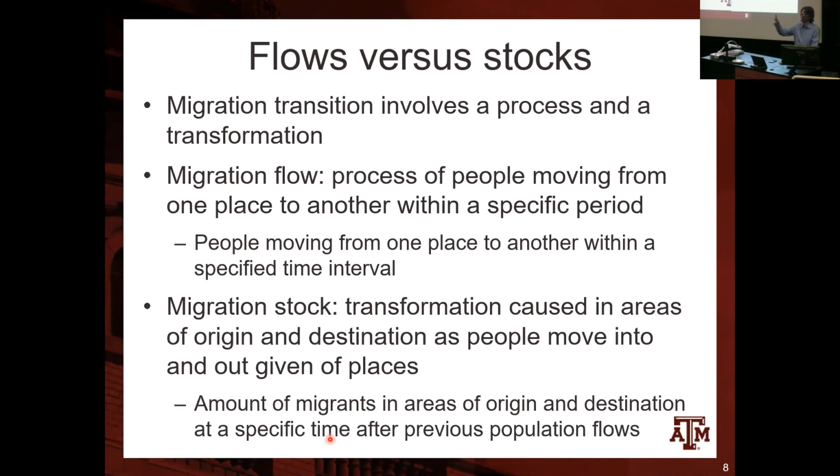So I don't care about when they arrived in Texas. Now in 2020, how many live here that were born in California? That's migration stock. If I'm talking about migration between 2015 and 2020, between California and Texas, trying to count for that specific time period, that's migration flow.